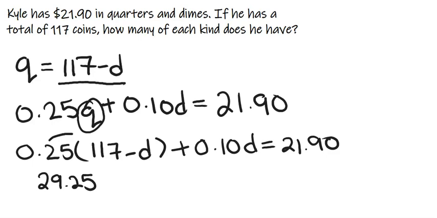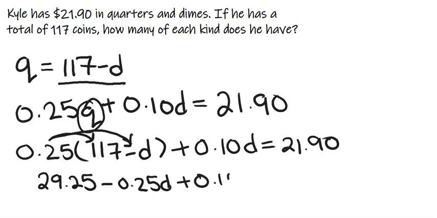And now that we've multiplied these two, now let's multiply 0.25 and negative D, which will give us negative 0.25D plus 0.10D, which is equal to 21.90.